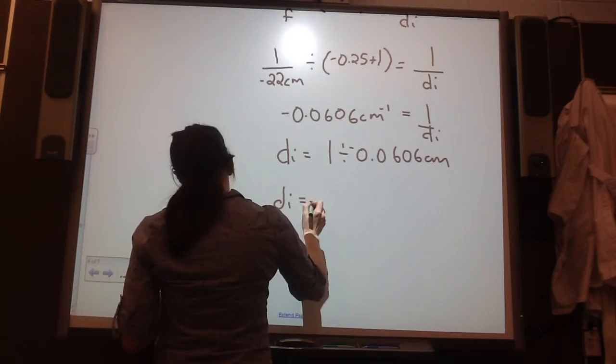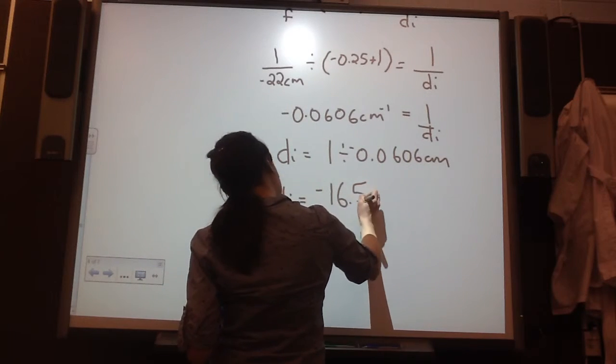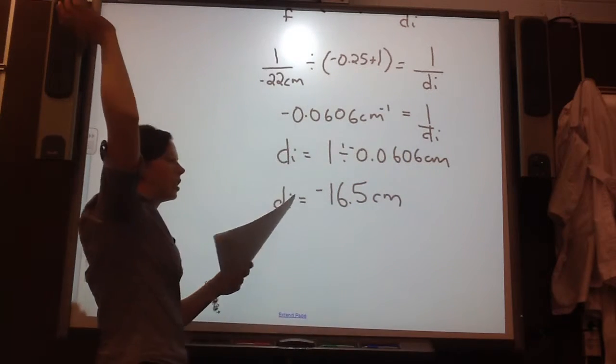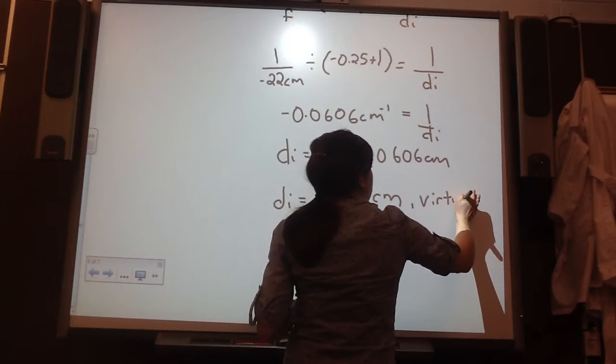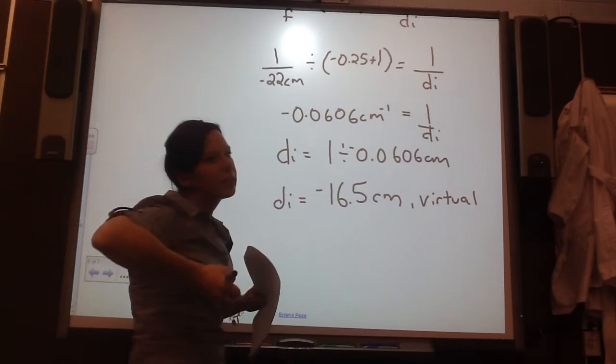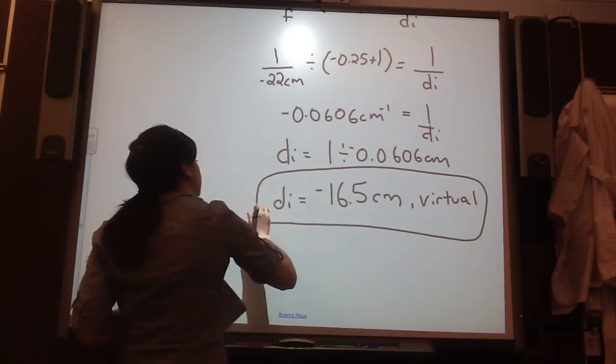Once you put that in your calculator, you get negative 16.5 centimeters, which is the answer. Hooray! And we also know that it is virtual, since it's a concave lens, and that's our answer.